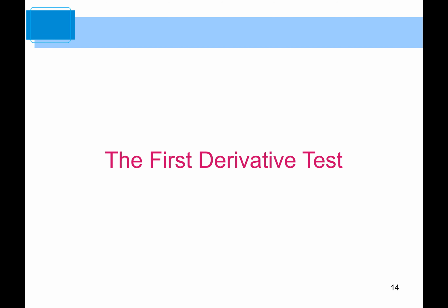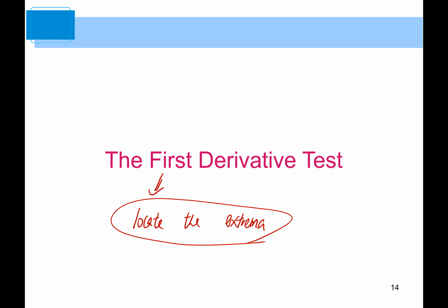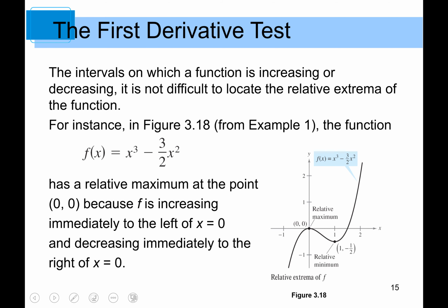And next is the first derivative test. We're going to use the first derivative test to locate the extrema, if any. Once the intervals on which a function is increasing or decreasing are known, it's not difficult to locate the relative extrema of the function.